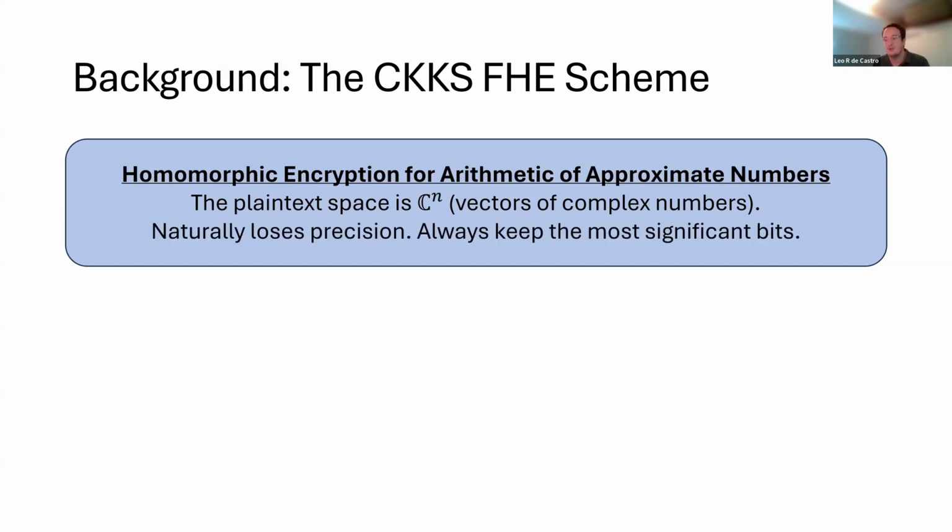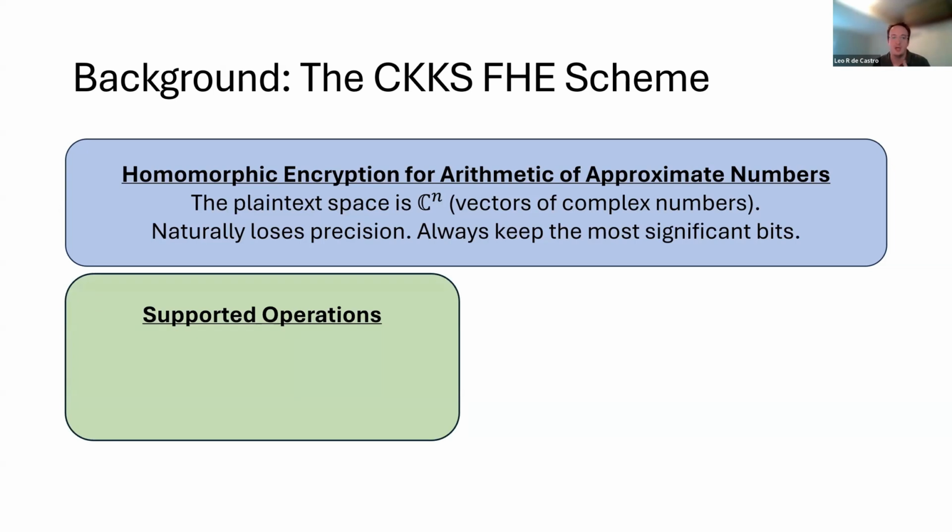And it's also nicer than the finite field embedding that exists in other FHE schemes, where you can naturally lose precision, and you always just keep the most significant bits while letting the low order bits fall into the noise.